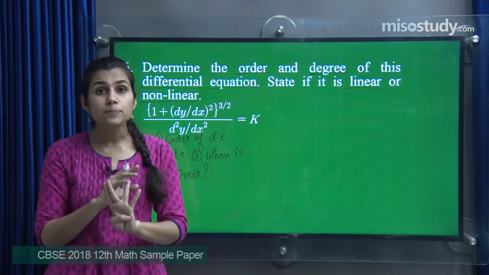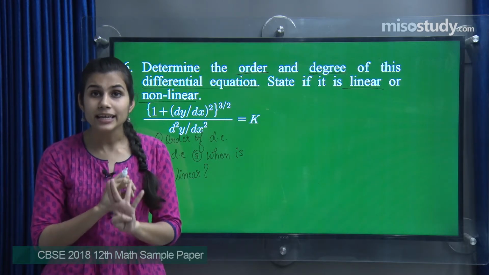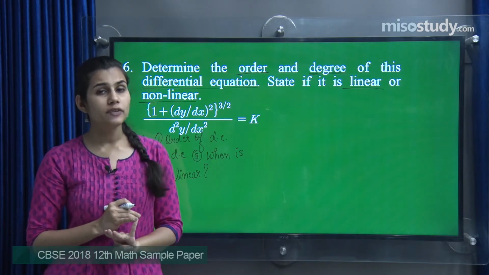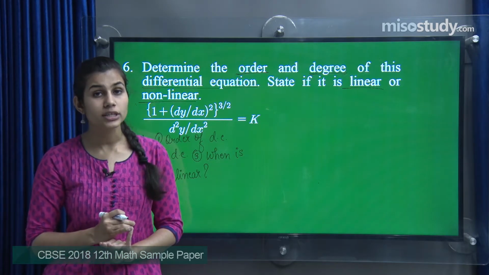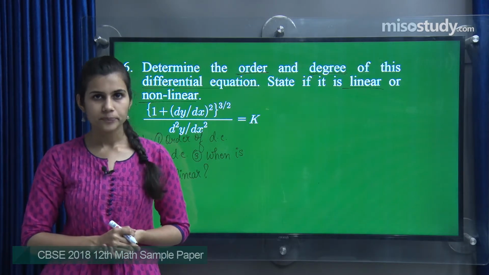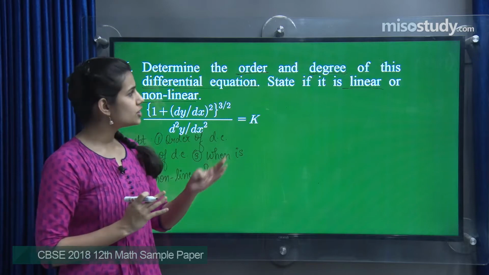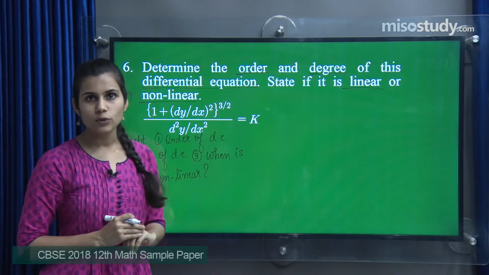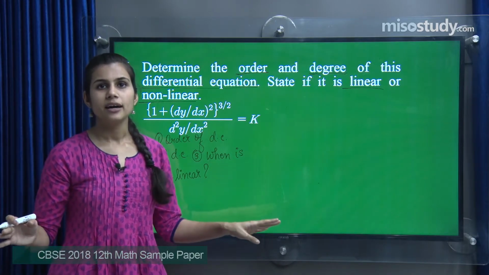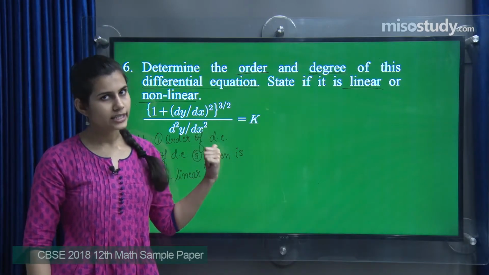If you have an exponent of the dependent variable greater than 1, then it is non-linear. And if you have any of the differential coefficients with exponent greater than 1, it is still non-linear. If any of these four conditions you find in this differential equation, you will declare it to be non-linear. And if they do not exist, then this equation is linear.